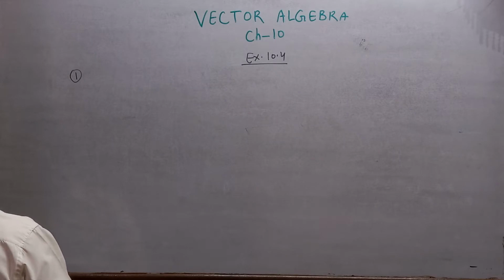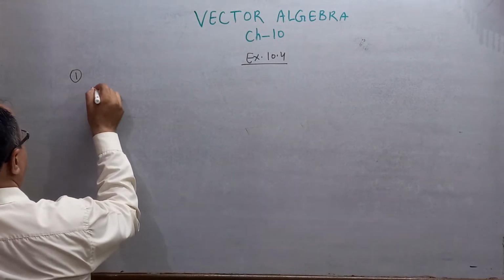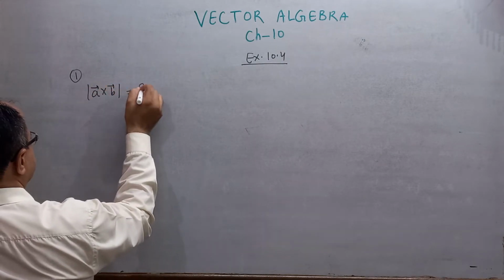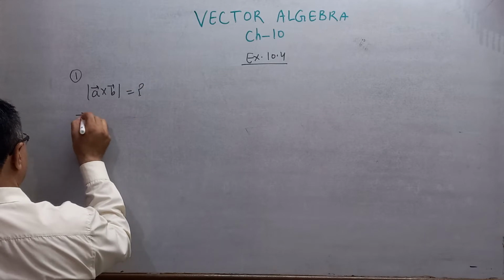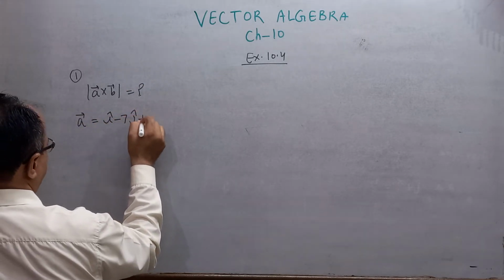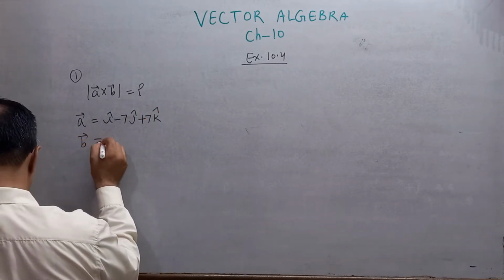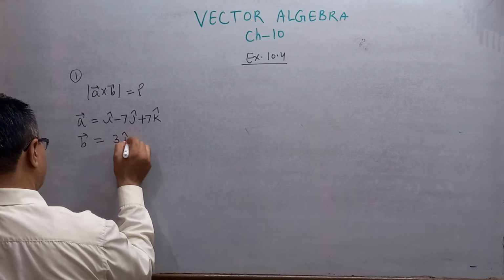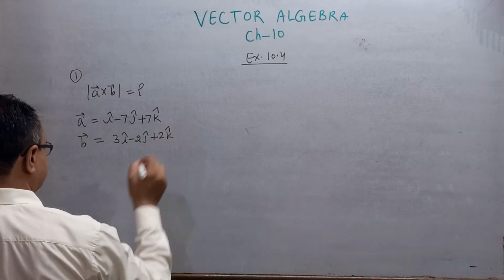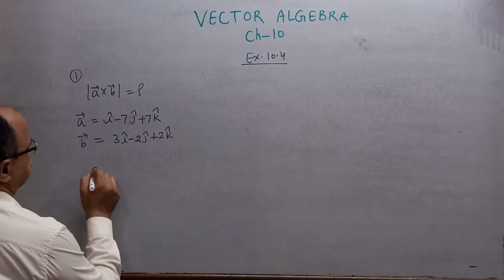Find vector A cross vector B. Vector A is given as I cap minus 7 j cap plus 7 k cap. Vector B is given as 3 I cap minus 2 j cap plus 2 k cap. Find A cross B.